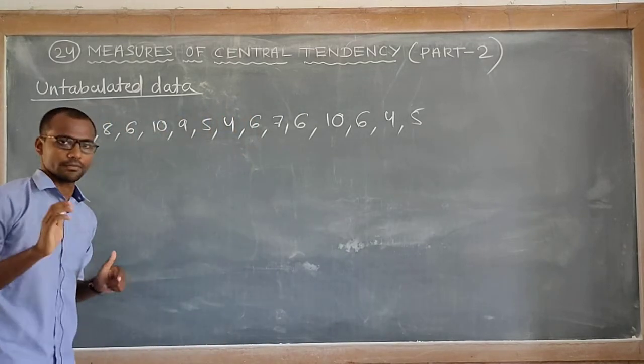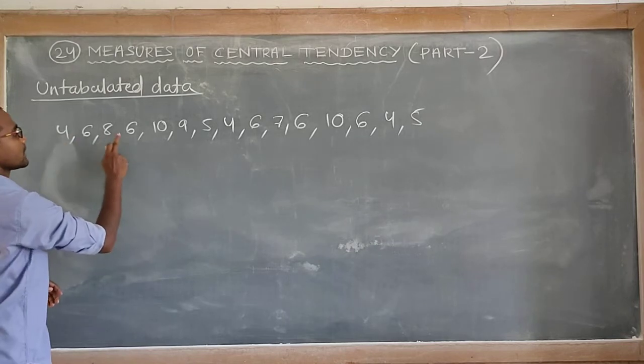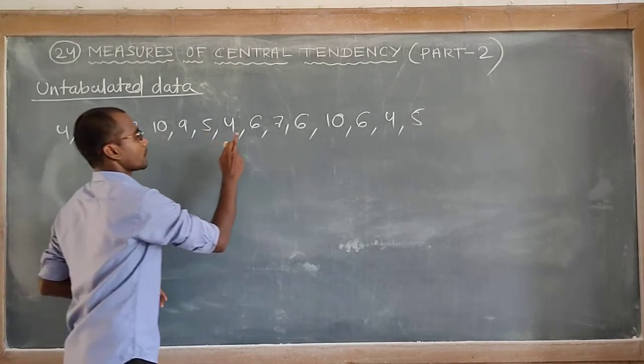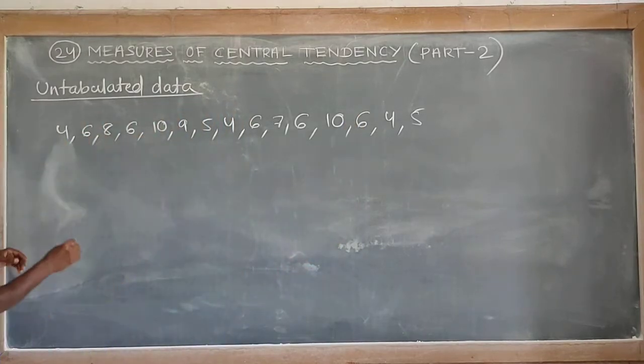I have taken 15 children. The marks out of 10 are like this: 4, 6, 8, 6, 10, 9, 5, 4, 6, 7, 6, 10, 6, 4, 5.